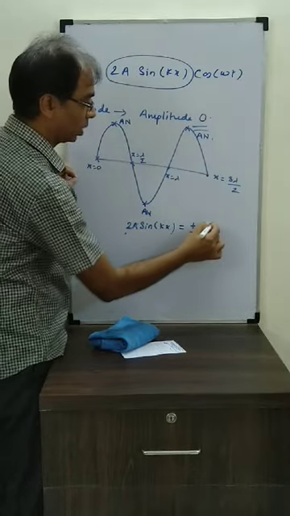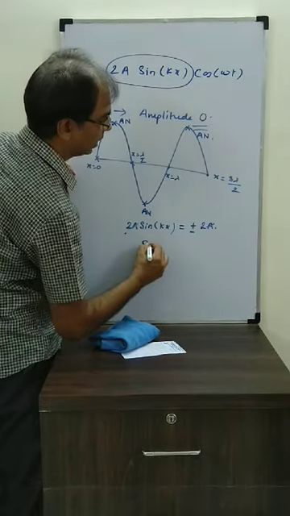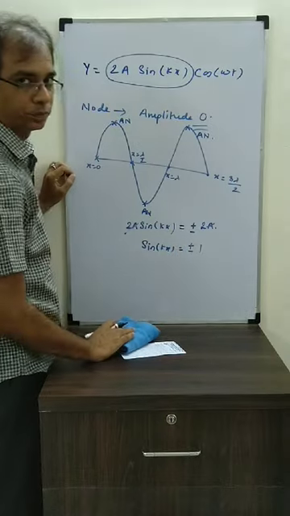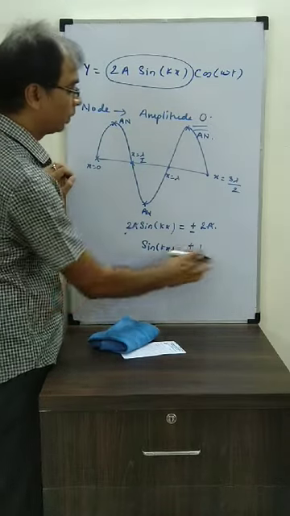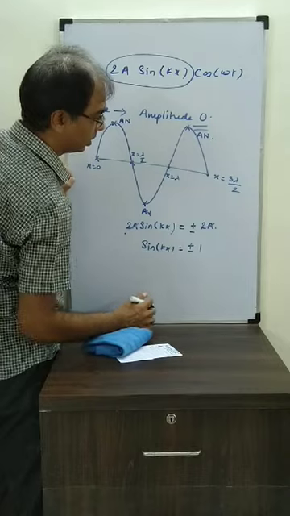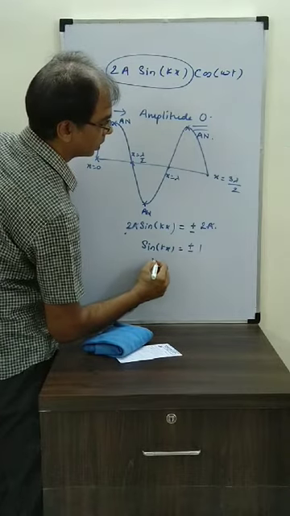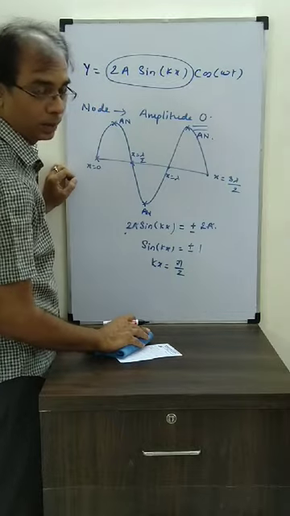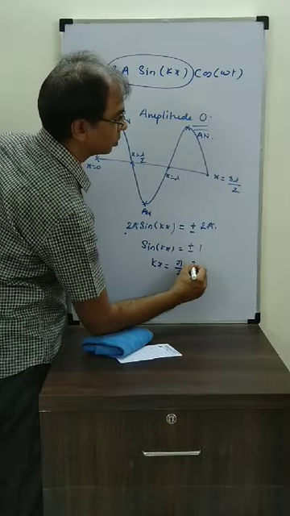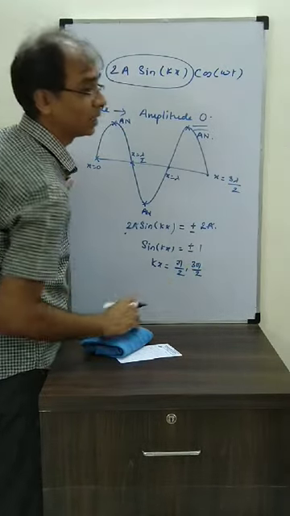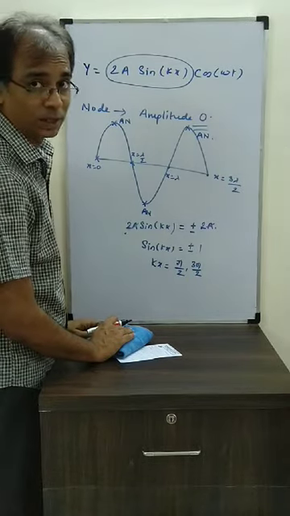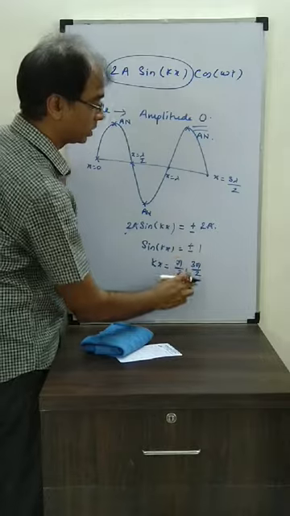Now this 2a and 2a get cancelled, so we get sin kx equal to plus or minus 1. So what value will there be for kx then? What will be the angle value? Now, kx can be pi by 2 because sin pi by 2 is plus 1. Then 3 pi by 2. 3 pi by 2 means sine of 270 degrees, and sine 270 means minus 1.